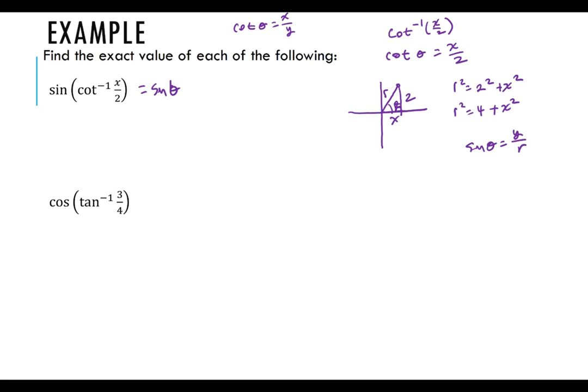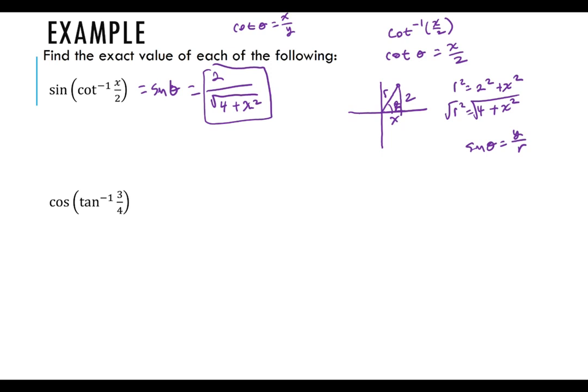Our y value is 2, so I claim that the sine of this theta is 2 divided by the radius r. We have to solve for r, so I'm going to take the square root. Specifically, that's going to be 2 over root 4 plus x squared. And that's our answer. That's the best we can do. There's not really much else we can do.